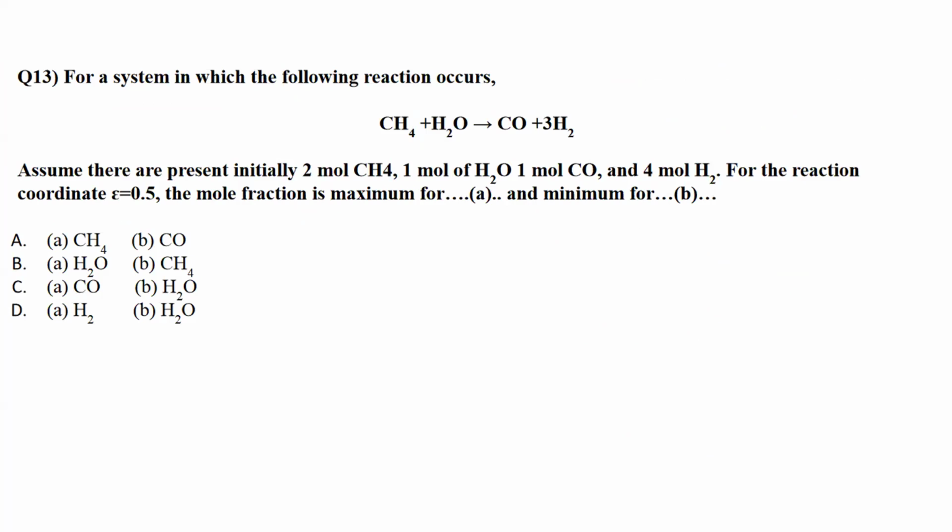For a system in which the following reaction occurs, that is CH4 plus H2O giving CO plus 3H2, assume there are present initially 2 mole of CH4, 1 mole of H2O, 1 mole of CO, and 4 mole of H2.